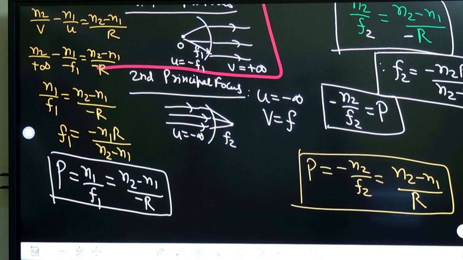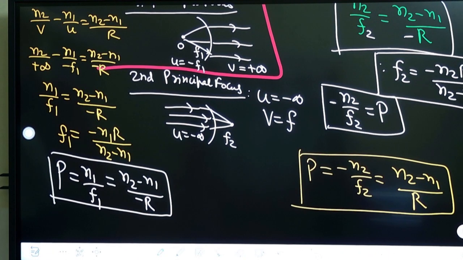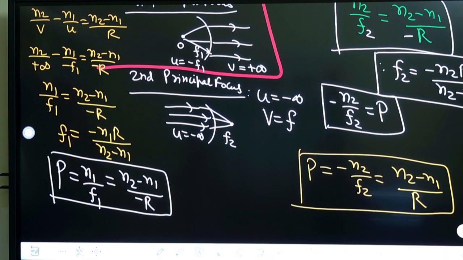Power is N2 minus N1 by R. They are defining it. N2 R by N2 minus N1. N2 minus N1 by R. These two are changing by a sign of minus, right?